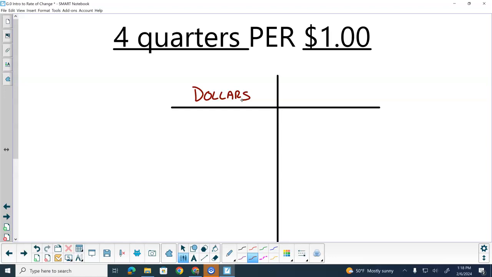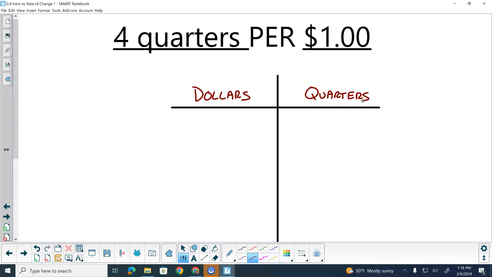Quarters would be in this one. If you think about it, the X value that we would have graphed last week is the one that comes after the per, that's on the denominator.